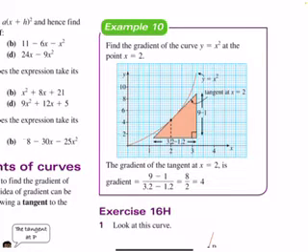So what do they do? They draw a tangent. What is a tangent? A tangent is a straight line that touches the function x squared in only one place. Where does it touch it? X is 2. That's where it touches it.